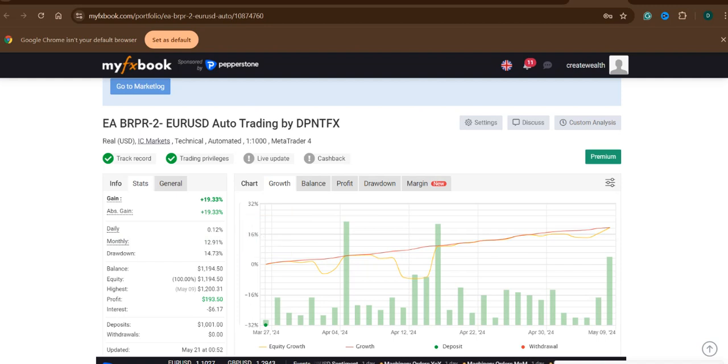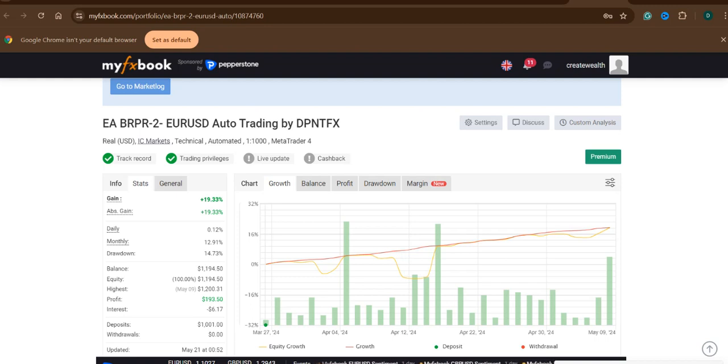Guys, the drawdown and the monthly profit are based on market conditions, plus the kind of trading conditions that your broker is providing. Sometimes in worse trading conditions, like when the market goes in the opposite direction, or due to geopolitical tensions, war situations, or many other things going on in the global market, the drawdown could vary from 10%, 12% to, as we can see, a maximum drawdown of around 40%.